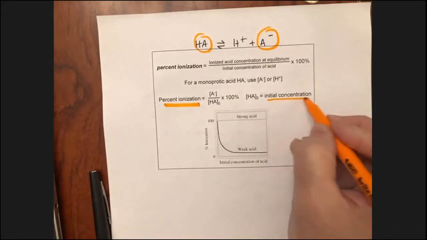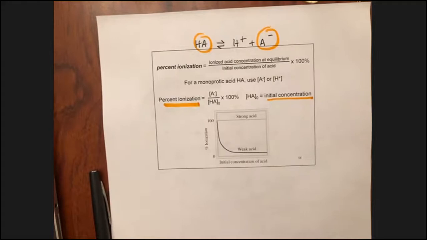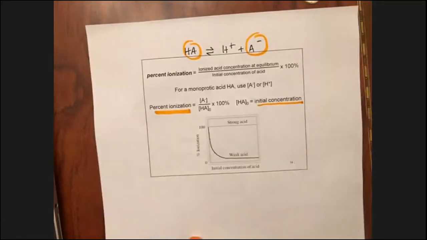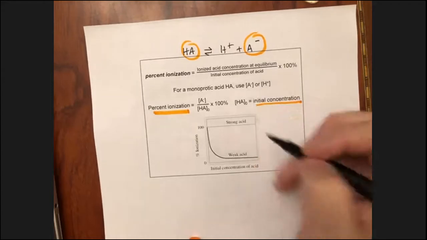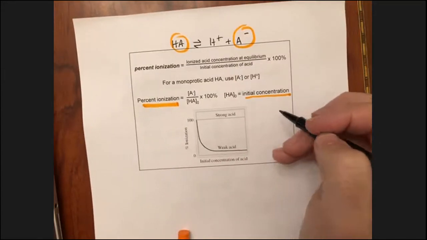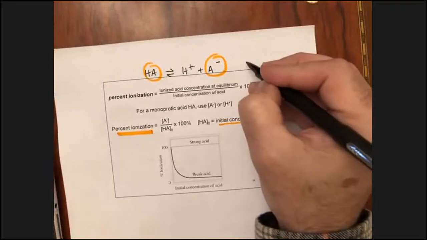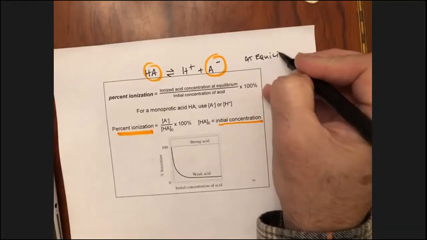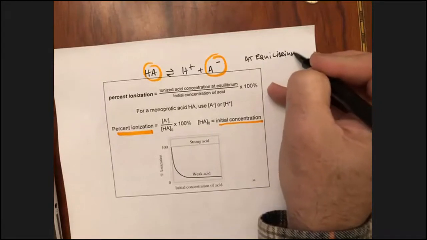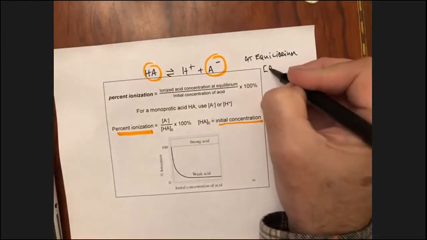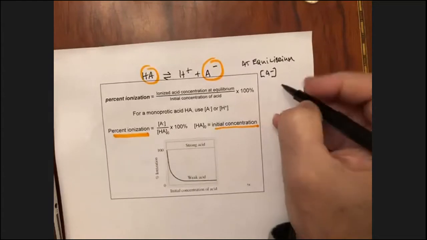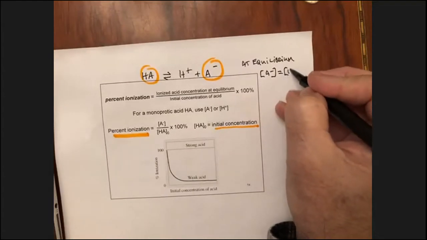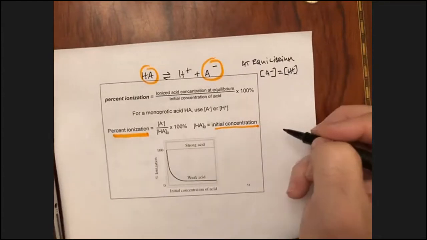Notice that it's the same formula that we used to test whether we could use the approximation or not. At equilibrium, the concentration of the ionized form of the acid equals the concentration of hydrogen ions.